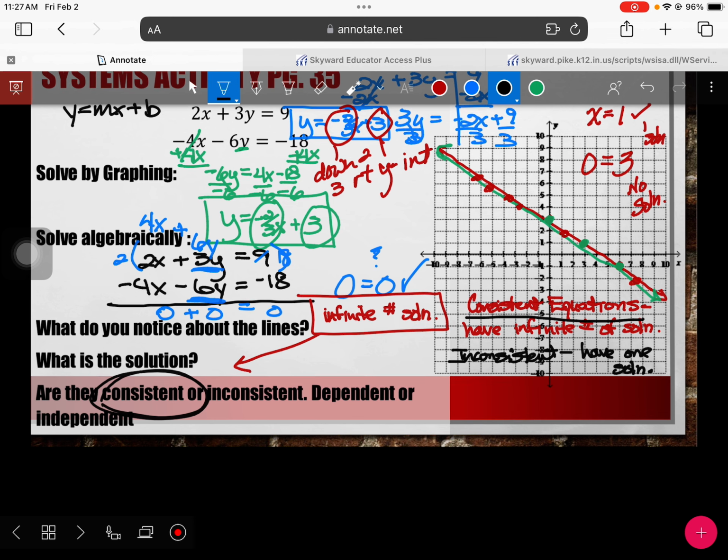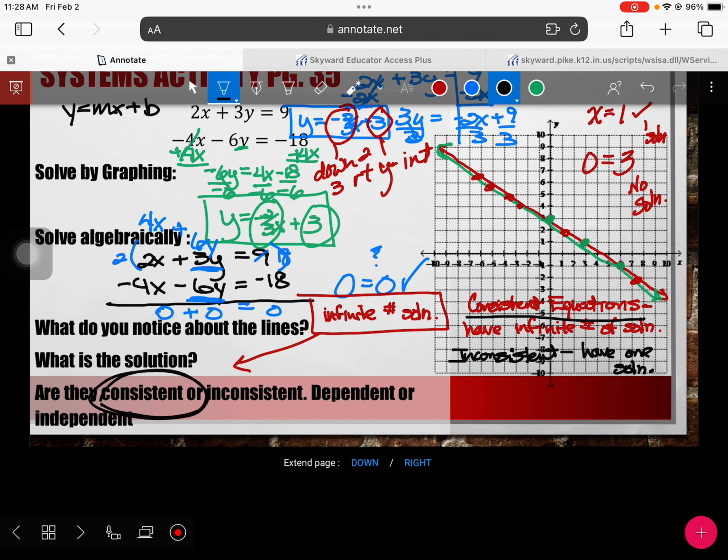Dependent or independent? So another definition here. Dependent equations, and honestly, I need to look this one up. I don't think I ever recall that I was taught this until we got to this course. So I want to make sure that I'm telling you accurately.